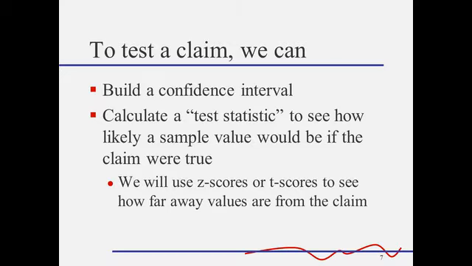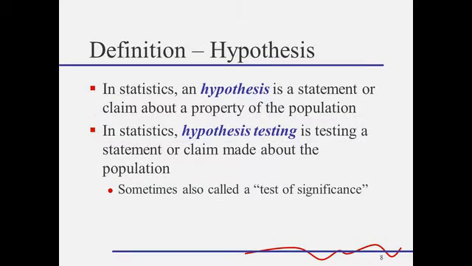Alternatively, we can calculate a test statistic, either a z-score or a t-score, to see if her results would be likely or unlikely. In this video, we're just going to talk about setting up the hypothesis before we do the testing. In statistics, a hypothesis is a statement or claim about a property of the population.